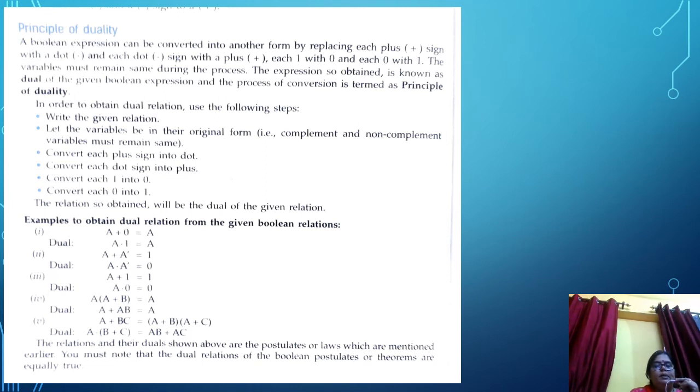Means if A is multiplied with 1, it will be A. Okay, so this is your duality. See here, 4 more examples are given. So go through them very attentively and write them down in your class registers. Okay, see how it works. Go through each and every example very seriously.